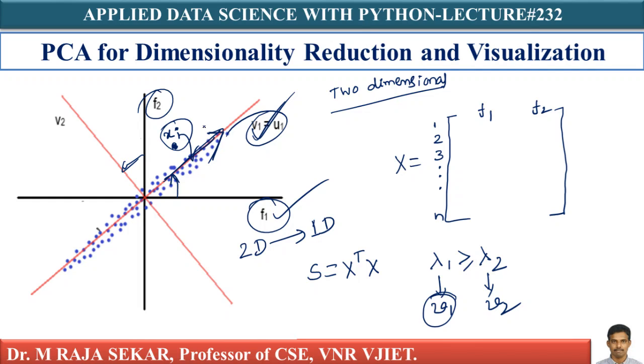If I have to convert this data from 2D to 1D, one way to do it is by projecting my data onto V1. That's what I am doing. As I told you, why am I projecting on V1? Because it is an eigenvector corresponding to maximum eigenvalue along which you can have maximum information or maximum variance.